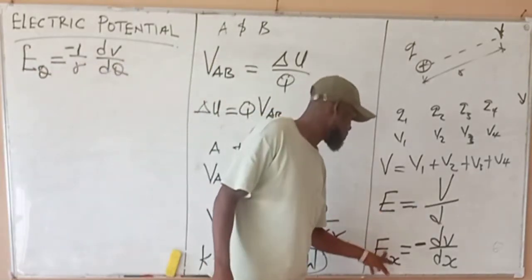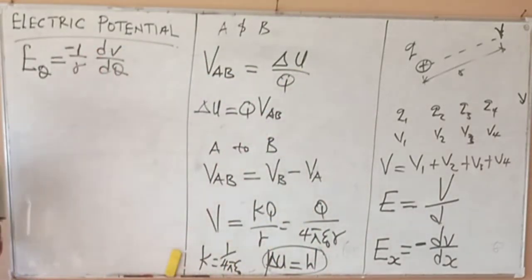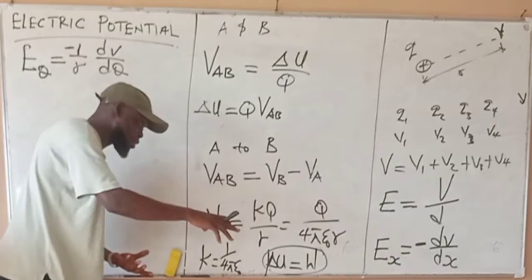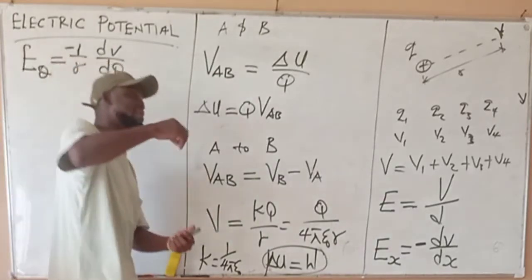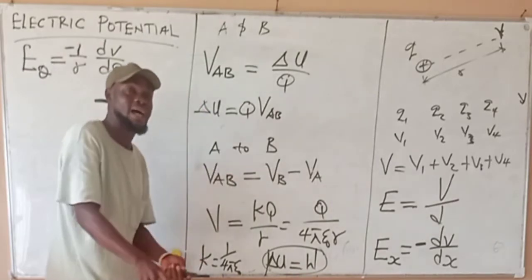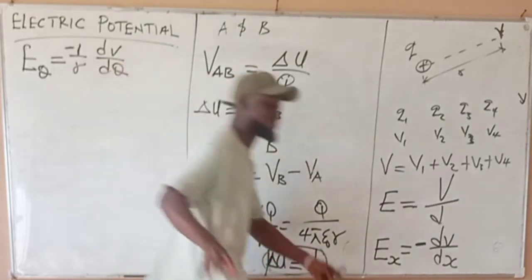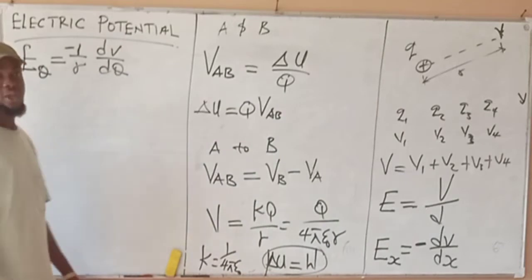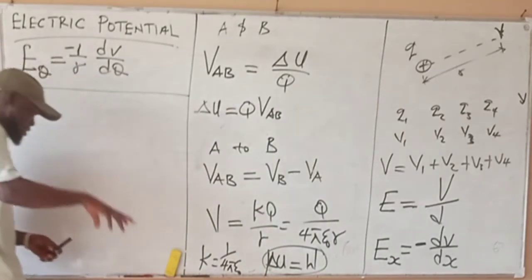Where E is the electric field, dV over dx or dV over d theta is called the differential coefficient of potential with respect to distance, that is, the differentiation of electric potential with respect to distance. We call it dV over dx, where x is the distance.